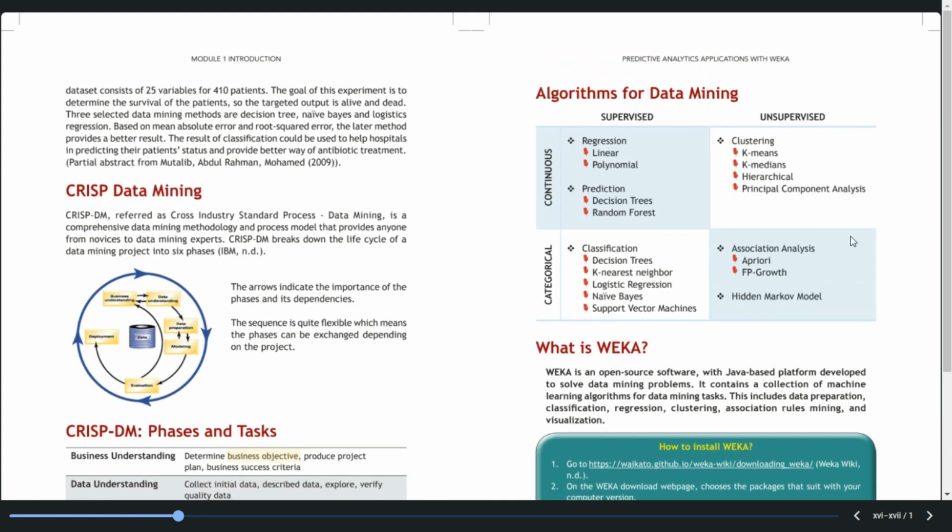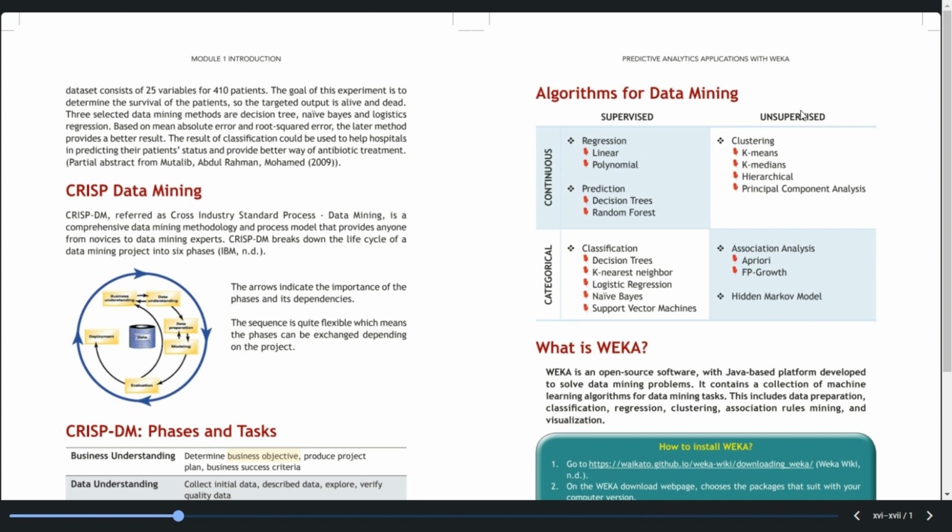So ini a very good presentation on what are the algorithms that can be used based on each of the data mining techniques. Kita tahu ni adalah data mining techniques: clustering, association, regression, prediction. Okay, so ini adalah clustering technique, and these are the suggested machine learning algorithms that can be used in performing this technique.